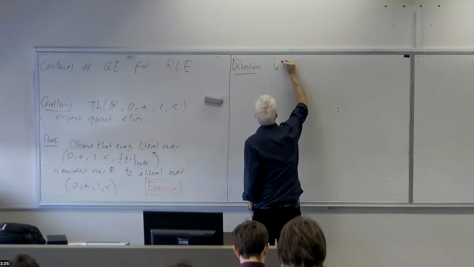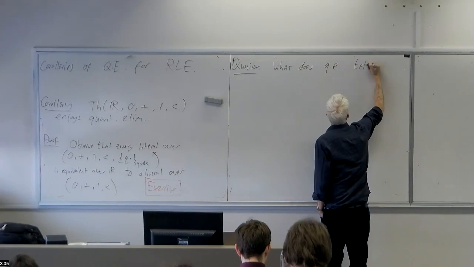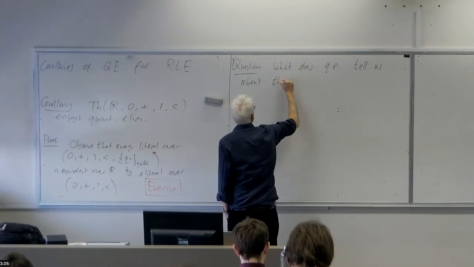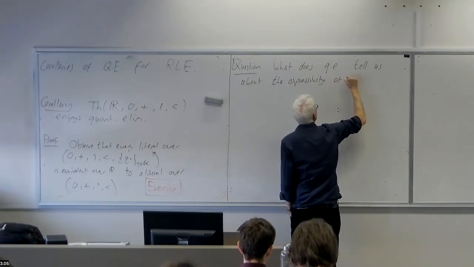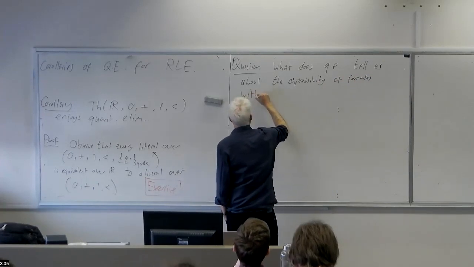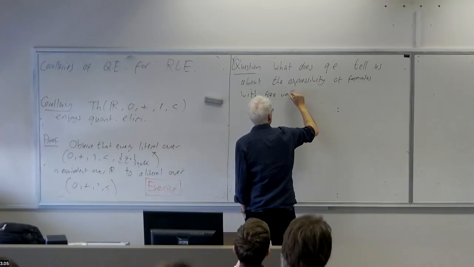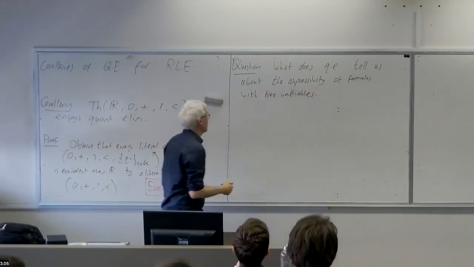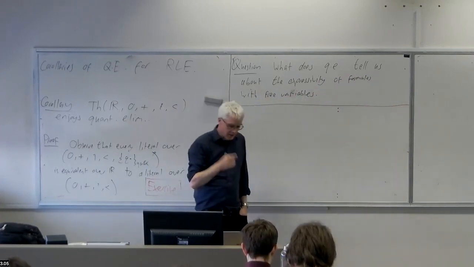What does quantifier elimination tell us about the expressivity of formulas with free variables? Formulas without free variables, namely sentences, are all true or false, so they don't really have any interesting expressivity in that sense. But formulas with free variables do have interesting expressivity.